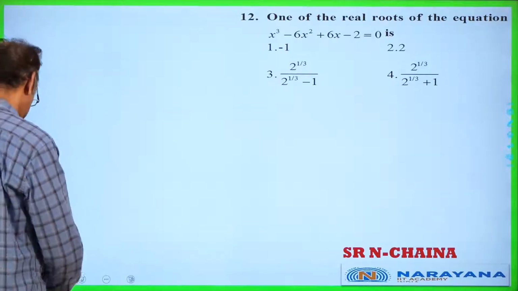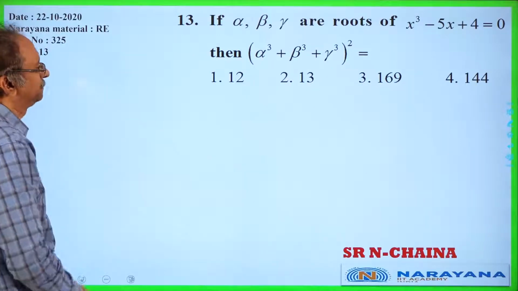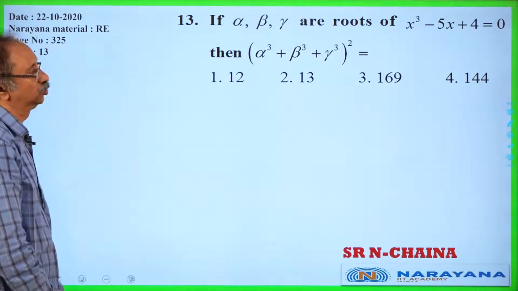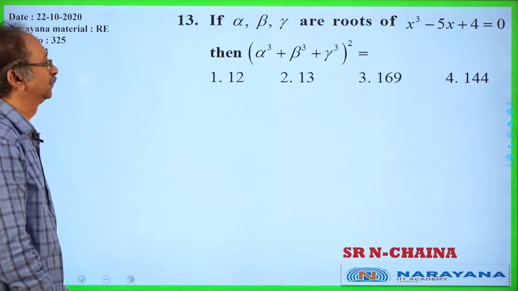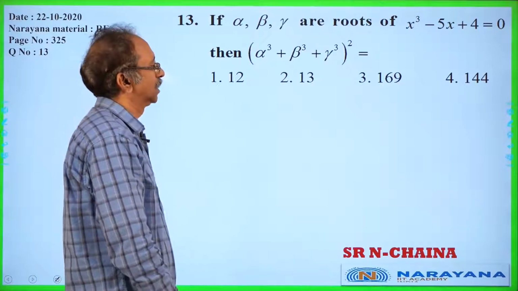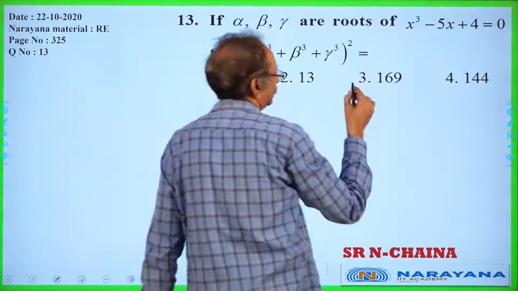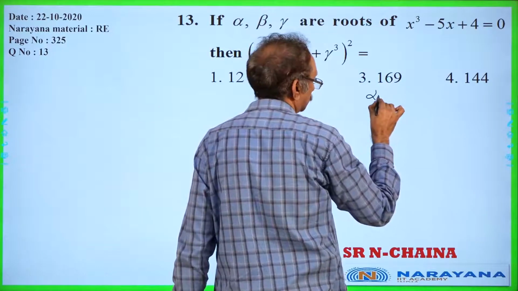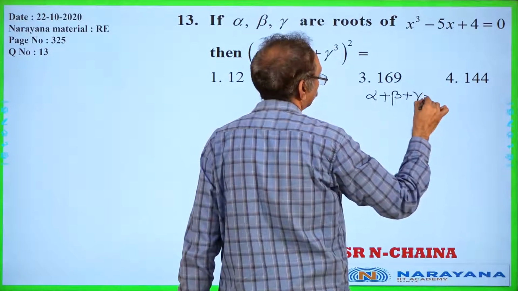This is the last one only. And see, alpha, beta, gamma are the roots of x cube minus 5x plus 4 is equal to 0. Then what is alpha cube plus beta cube plus gamma cube whole square? And see here, if alpha, beta, gamma are the roots, what is alpha plus beta plus gamma?